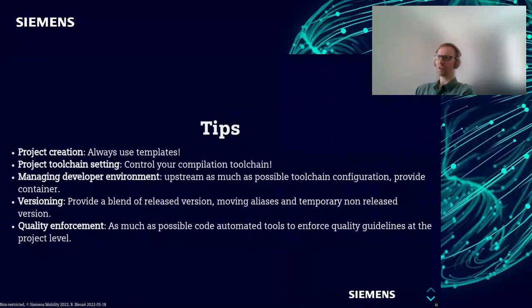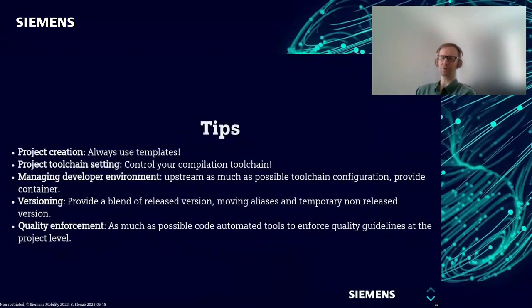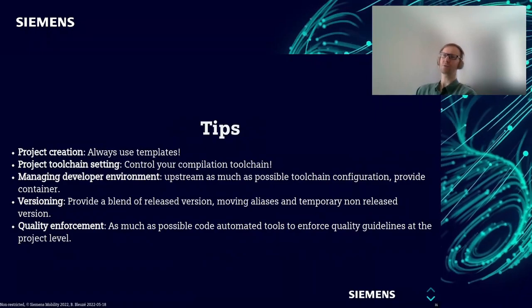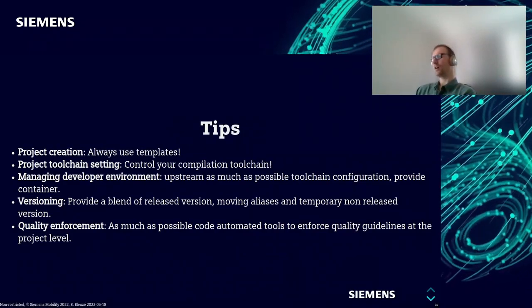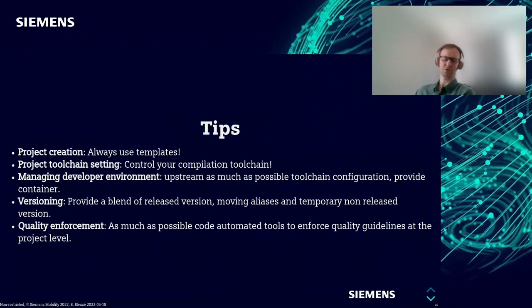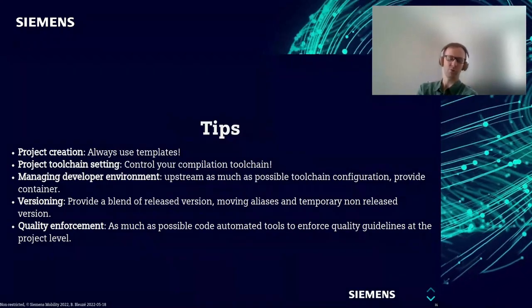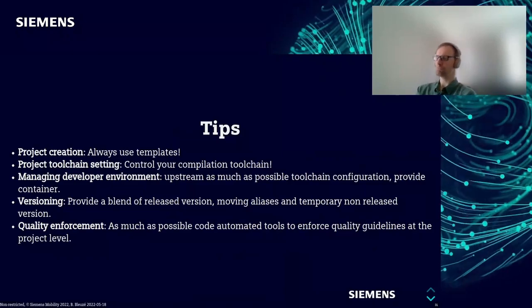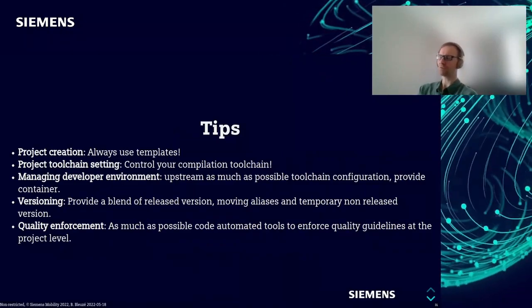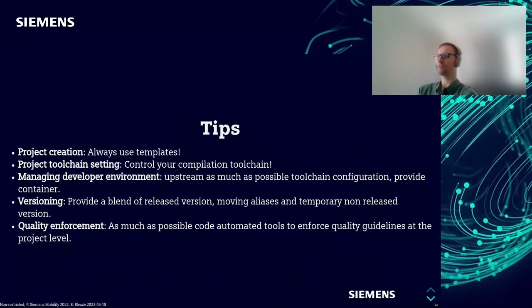So all the tips I gave, there's a short list of them. Always use templates when you create a project. Control your project tool chain. Upstream as much as you can so that your users don't need to pay attention to all your rules that help them in the end.